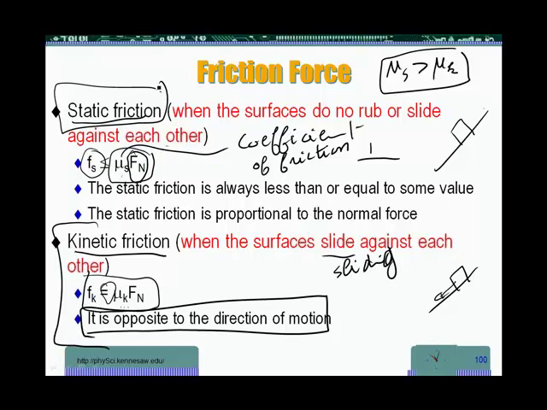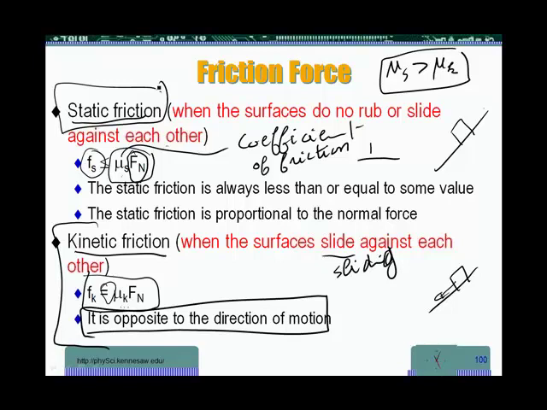What do you do when you walk? You push against the floor. And you cannot do that pushing unless there is a static friction force. You push against the floor, and the floor pushes you forward. You are able to move forward because the floor pushes you forward. Okay, that's a little tricky concept.